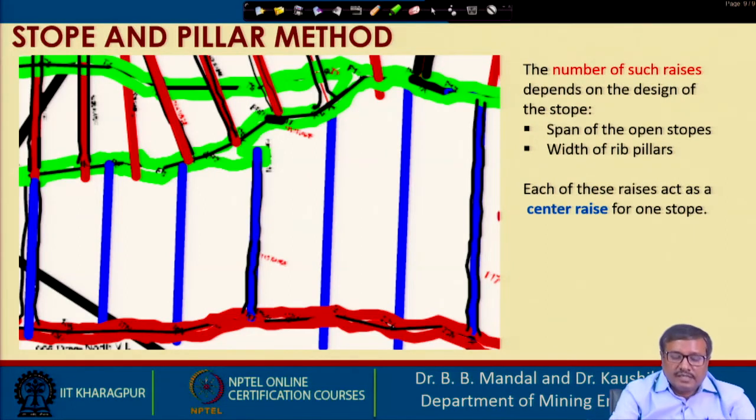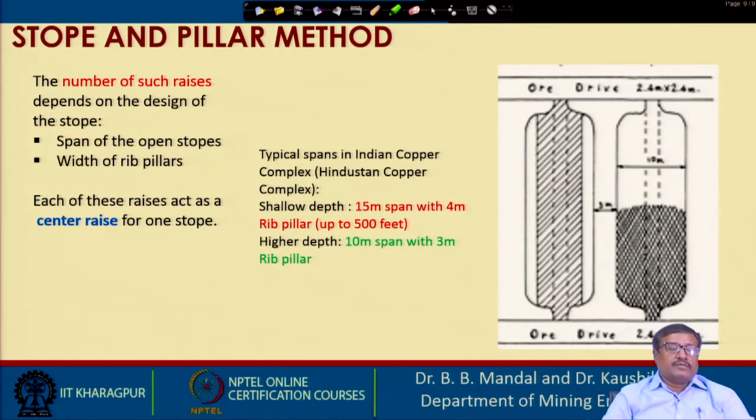Now, we actually widen the raise on both the sides. So, this raise is later on converted to one stope. Every raise will be used as a center raise for the stope that we are going to make. How is this done?